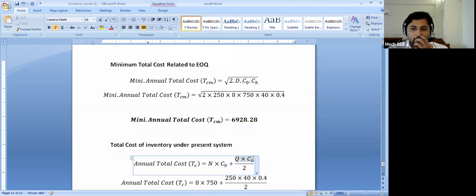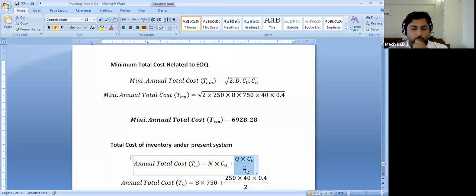Then CH we can calculate as CP multiplied by I, and Q multiplied by CH divided by 2. So the total annual ordering cost is N, the number of orders, multiplied by the cost associated with one order. And Q multiplied by CH divided by 2: maximum inventory minus minimum inventory divided by 2 is the average inventory.